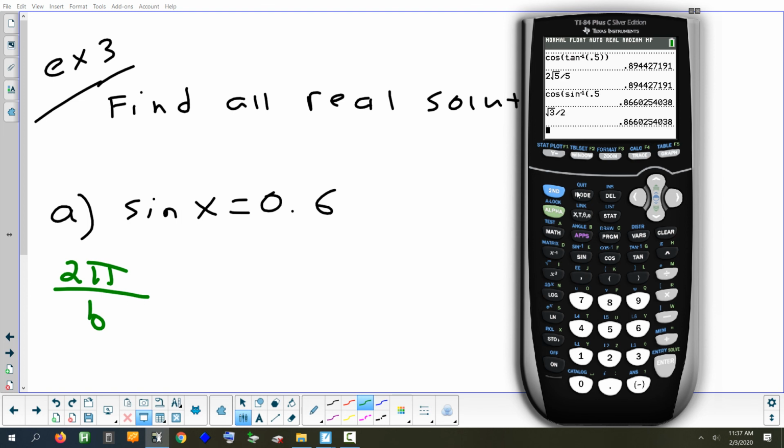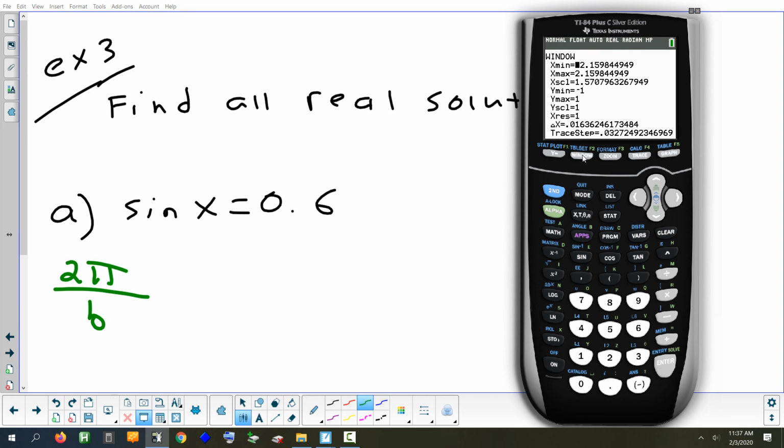He basically did this. Second, inverse sine, 0.6. And yes, that is going to be one of the answers we get. I'm going to show you guys how to do more of that probably tomorrow. For today, all you have to do is this. Put sine in y1. Put 0.6 in y2. And then Brianna, we're going to look for where these two graphs lie. We're going to look for where they intersect.